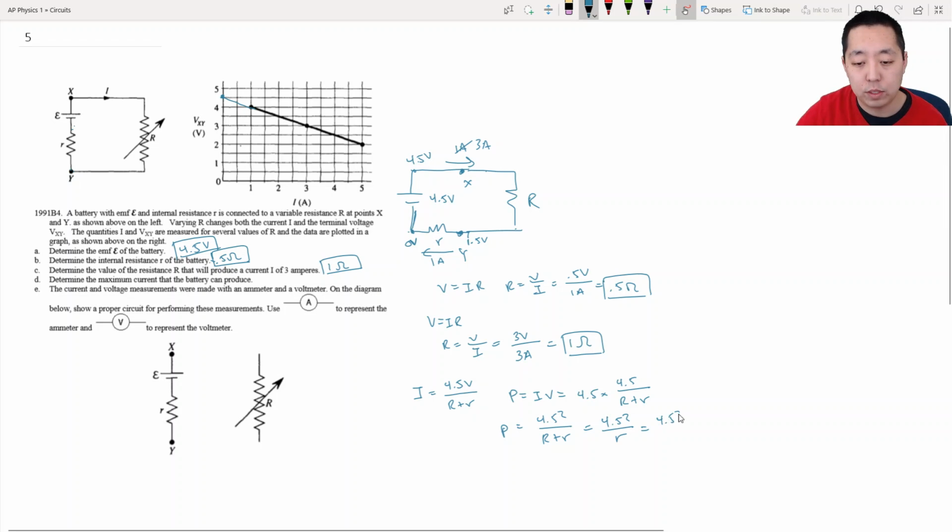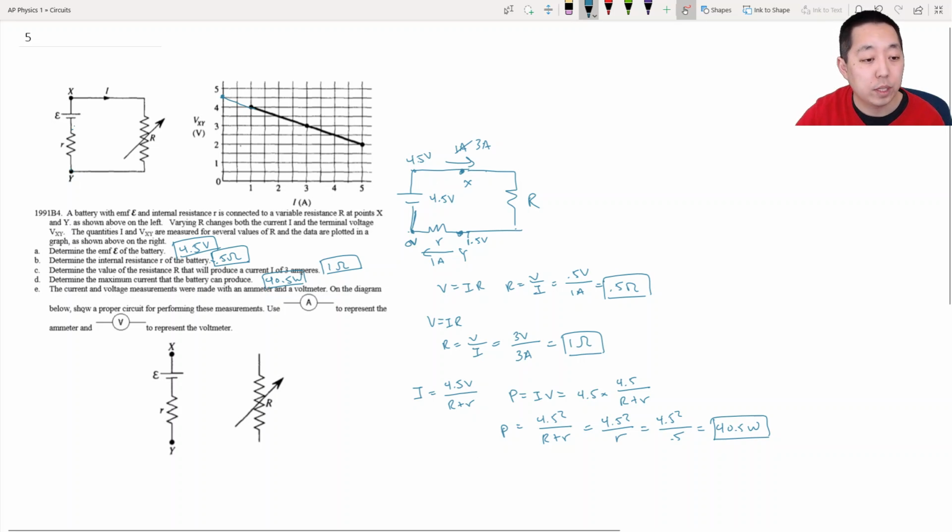That's 4.5 squared divided by the internal resistance, which was 0.5. That's 40.5 watts. So that's the maximum power I can dissipate, because as R gets smaller and smaller, that's when I get the most power out.